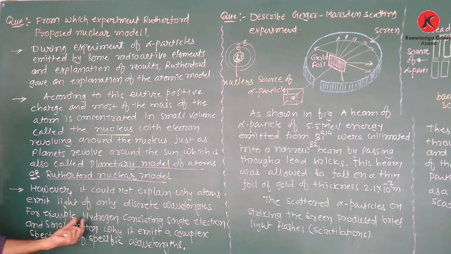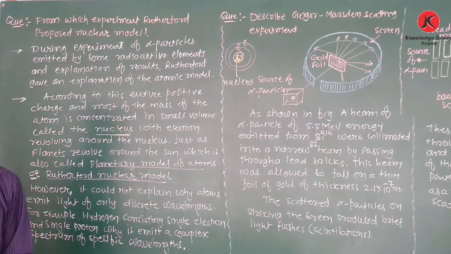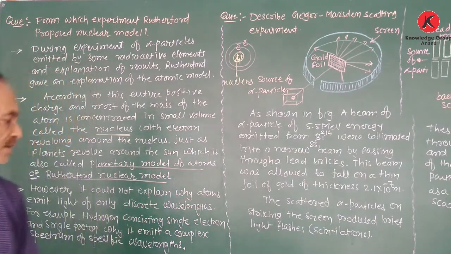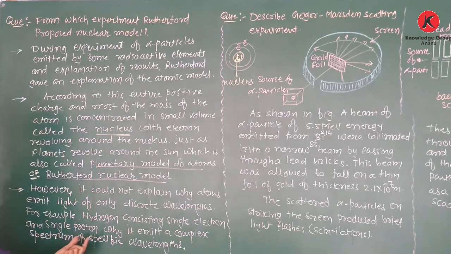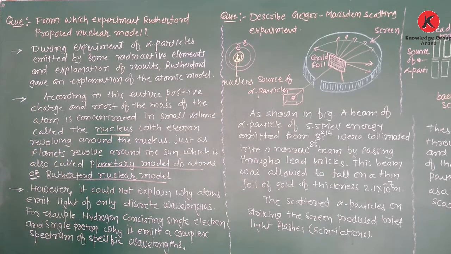For example, the hydrogen atom consists of a single electron and a single proton. Why does it emit a complex spectrum of specific wavelengths? In spite of having a single electron and single proton, that cannot be explained by Rutherford's atomic model.